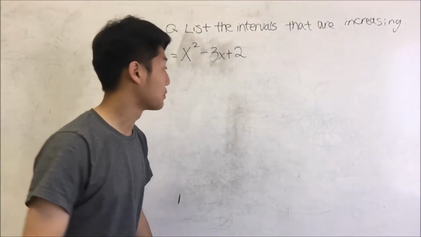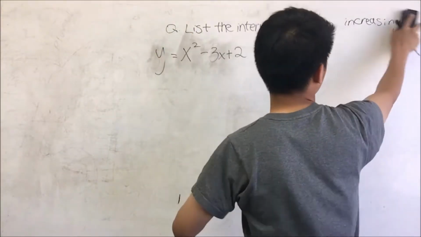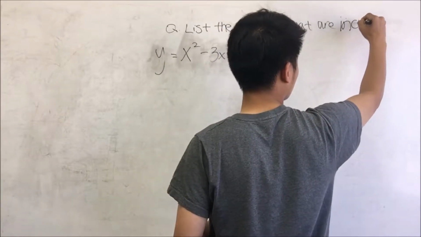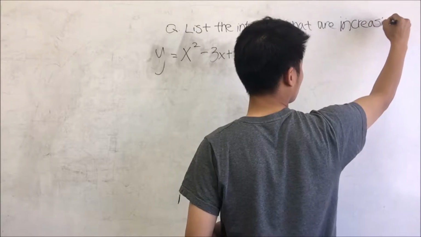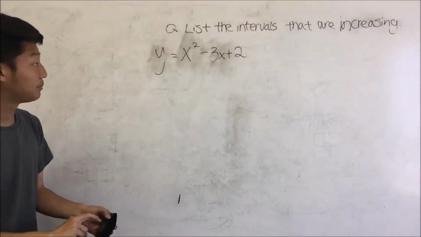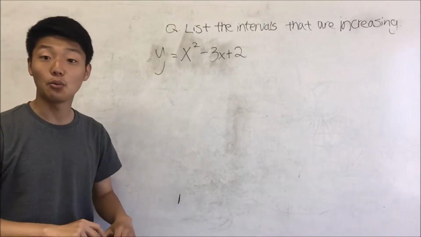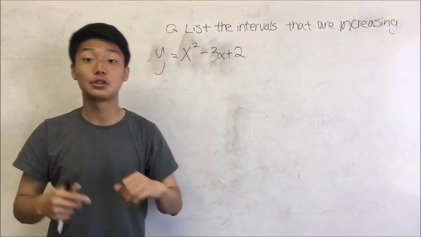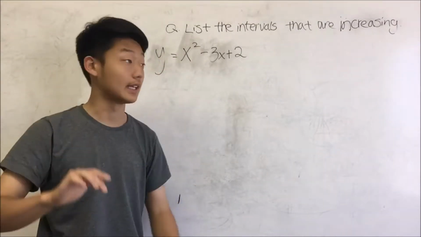I'm sorry if the grammar is wrong. I'll write it a little bigger. Like this. So we have to know on which interval the graph, the quadratic graph, is increasing.